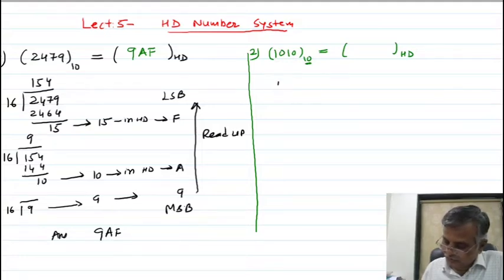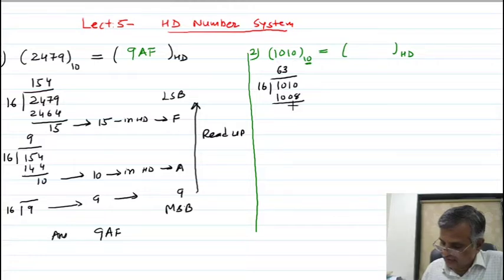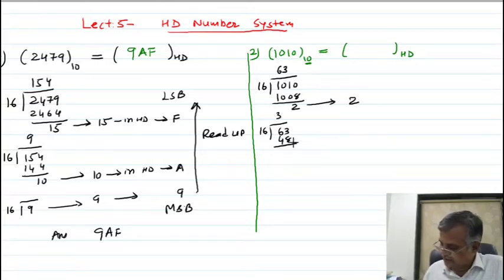So 1010 divided by 16, the work is already done, it is 63, and 1008, you will get remainder 2. So the hexadecimal digit is 2. I can write 63 divided by 16, 16 threes are 48, so you will get remainder 15.